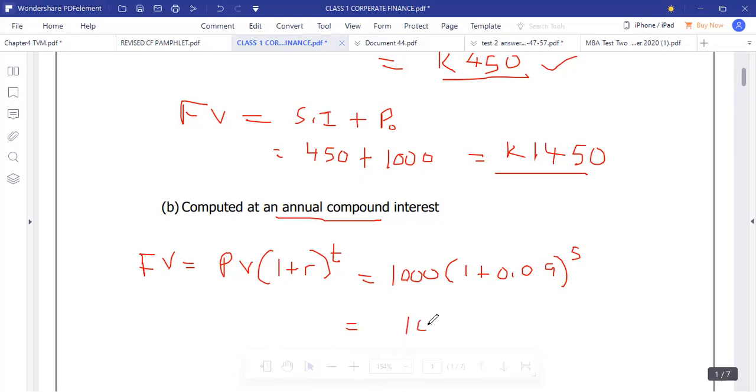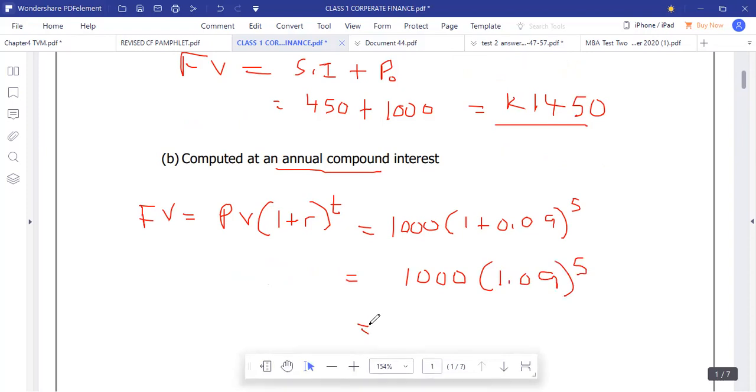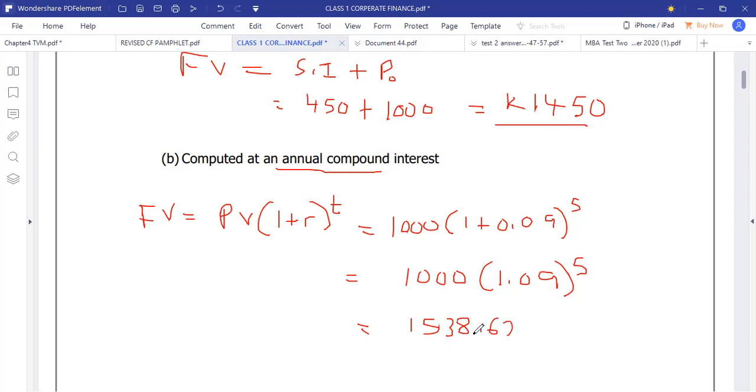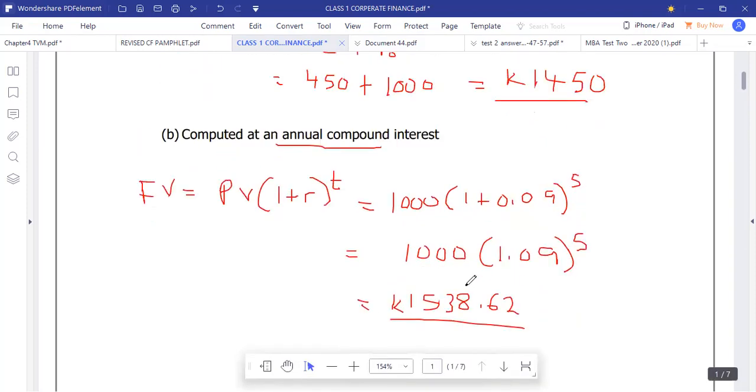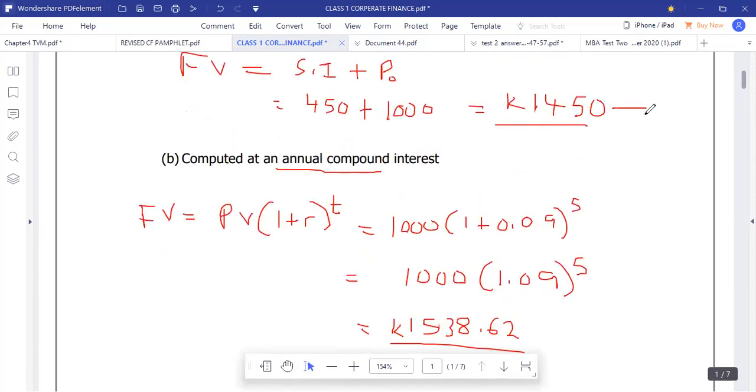So this is going to be 1,000 times 1.09 to the power 5. What do we get? 1538 point what? 0.62. So these are people's money, please always include the currency there. Okay, so you can see it's higher when it's compounded than when it's simple interest.